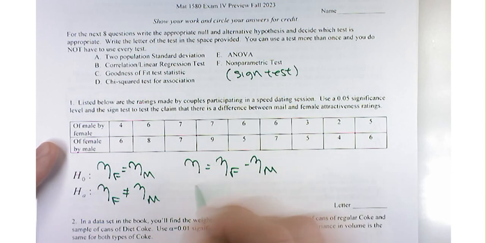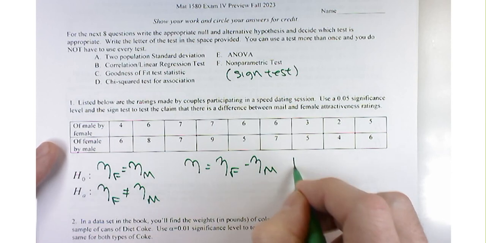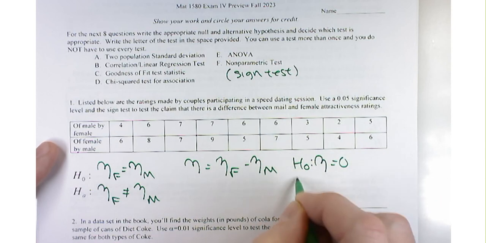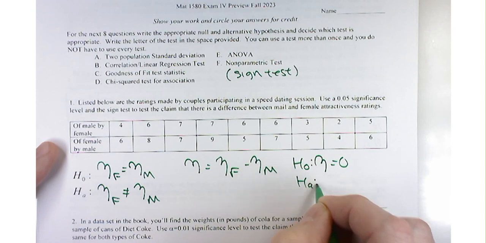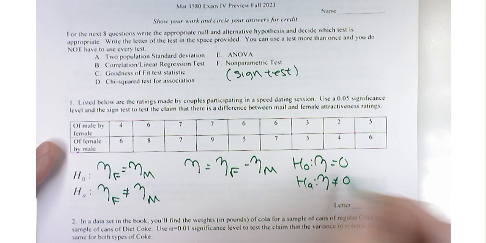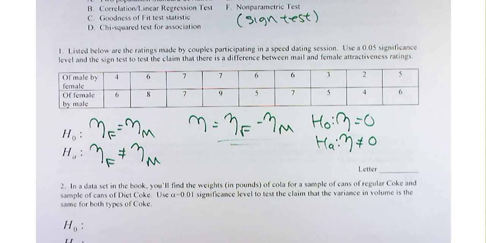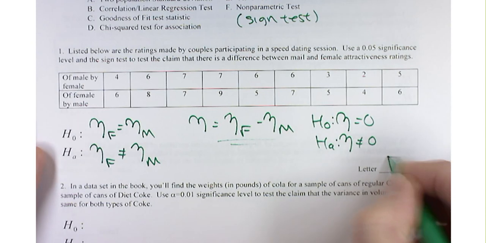Then another possibility, if you redefine things like that, that I would accept is eta equals 0 versus the alternative that eta is different than 0. But please, if you're going to go that route, do take a moment and define for me what eta represents. And of course, that goes along with letter F.